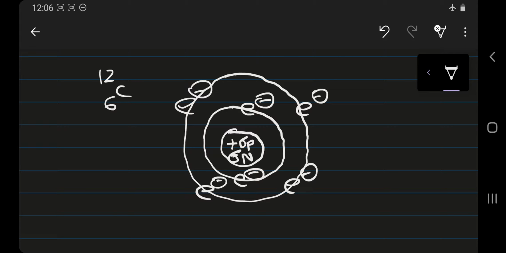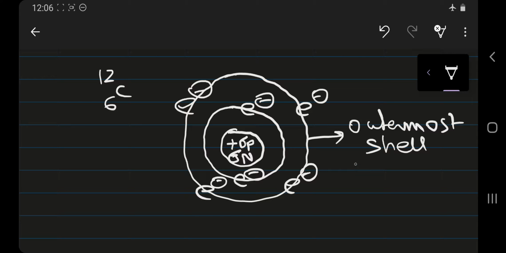Now in this representation of the carbon atom structure, you have to understand the last orbit, that is the outermost shell, or we can also call it the orbit, or simply known as the valence shell. The electrons that are participating in any bond formation reaction will be essentially from this outermost orbit.